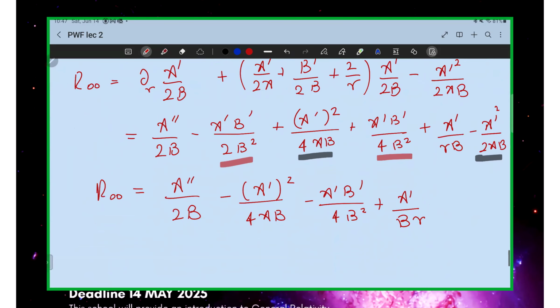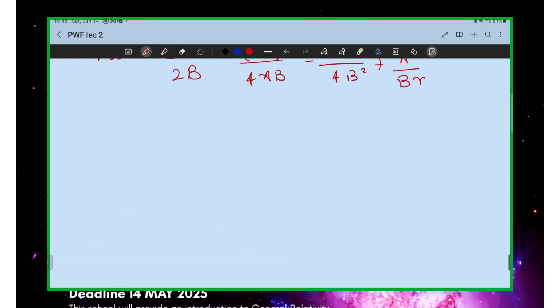So now I'm pretty sure that you have some idea how to derive these components, right? The derivation of R11 is pretty simple, and the derivation of R22 is much easier actually, right? So once you have all the Christoffel symbols that I quoted earlier, you can derive all the Ricci tensor components. Okay, now let's use Einstein field equations.